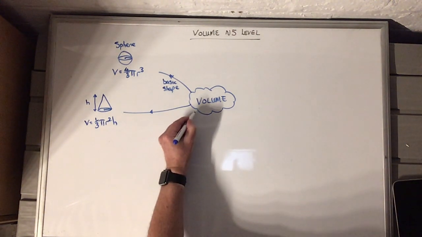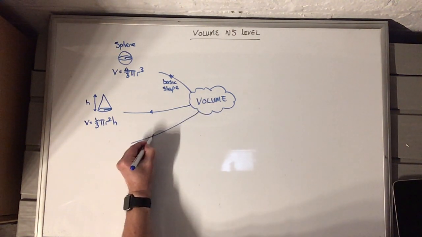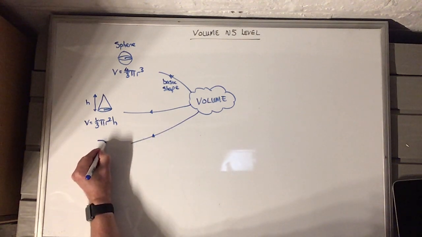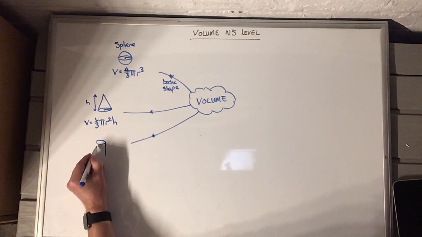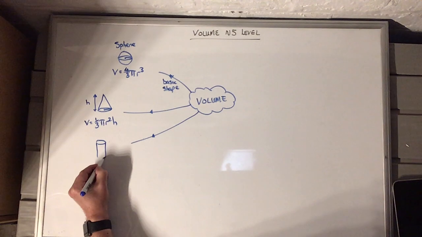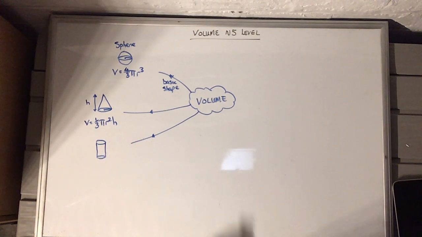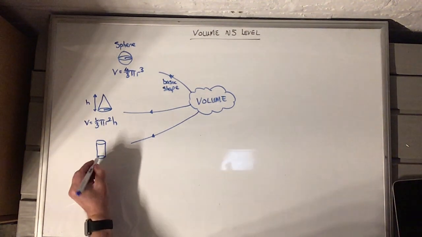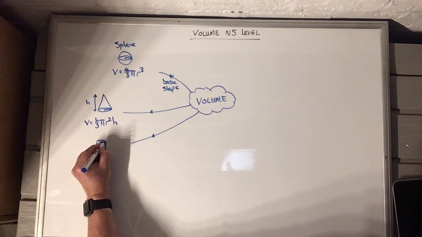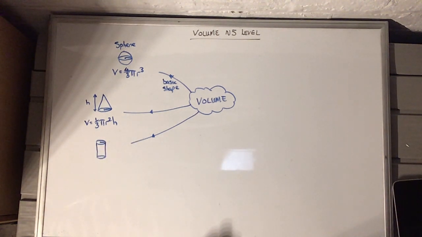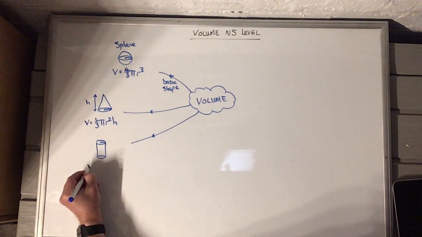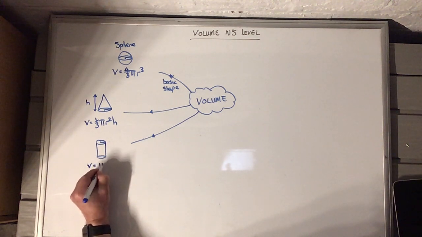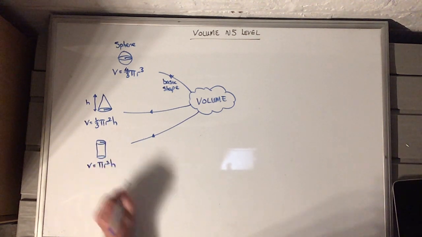Next basic shape is a cylinder, closely related to the cone. So there's my cylinder. Again, we've got the radius from the centre out, and V equals pi r squared h.